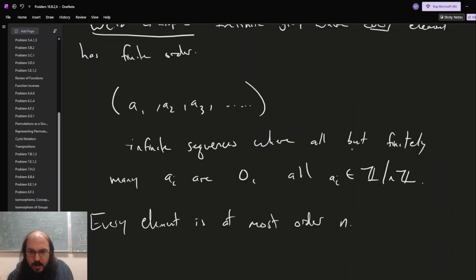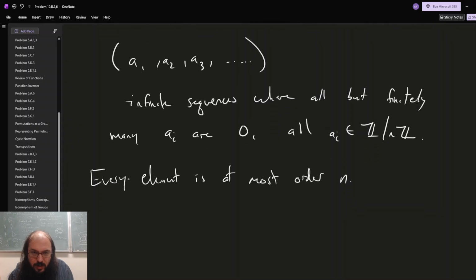In fact, I don't even think I need all but finitely many either. Just because no matter what, every a_i, if I took that element and I call it g, then since these are Z mod nZs, we could use additive notation. n times g would be na_1, na_2, and so on, for all of these.